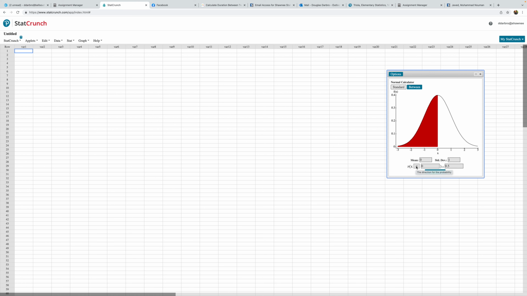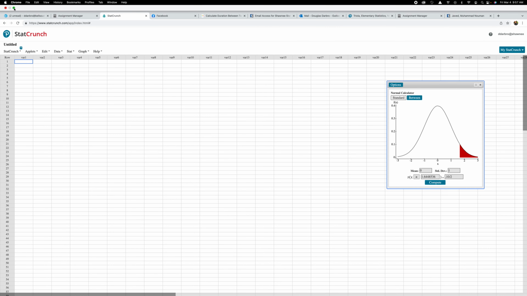And I need, again, z alpha means area above. And I need the z that has 0.10 divided by 2 above it. Compute that. I'll tell you what, let me do this.